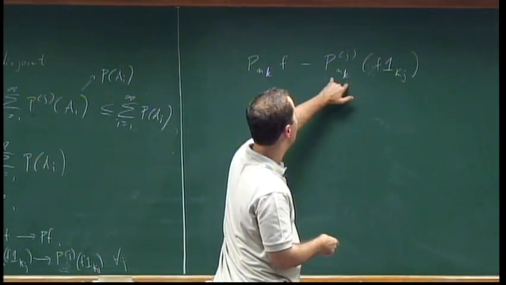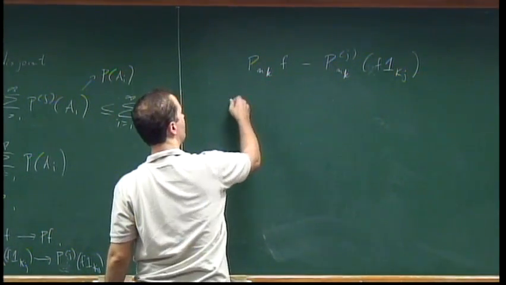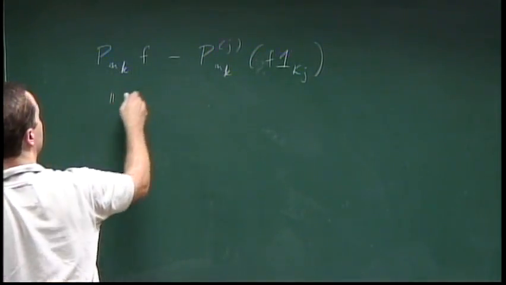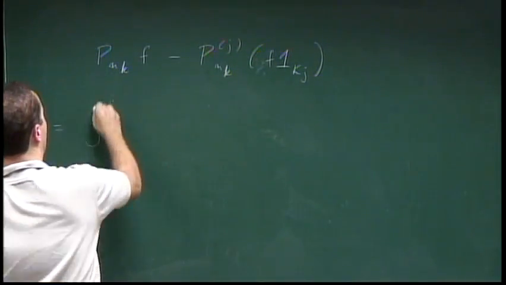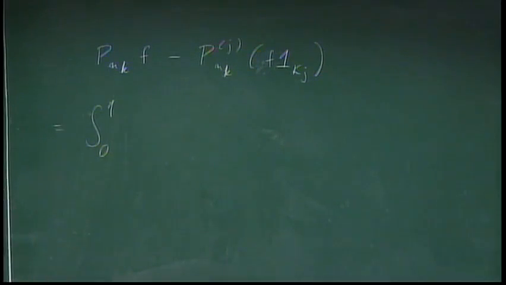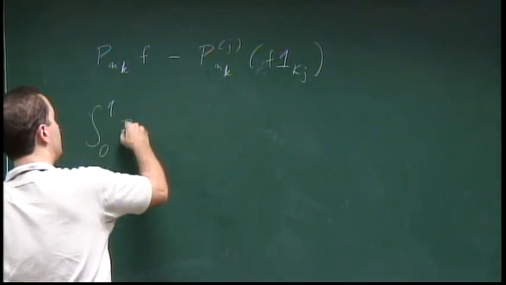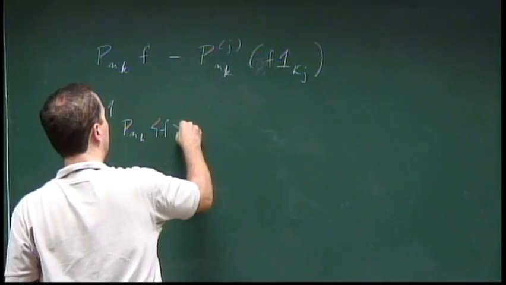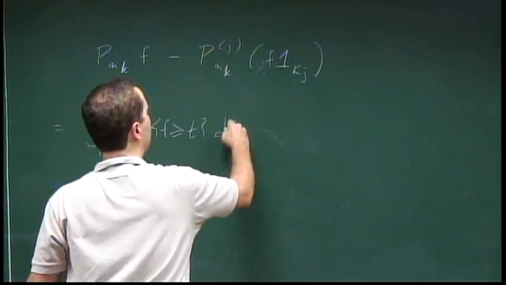So what is this measure here? Let me remember that we have this formula for the integral. F takes values between 0 and 1, so this is the integral of P_n of the set where f is larger than t, dt.